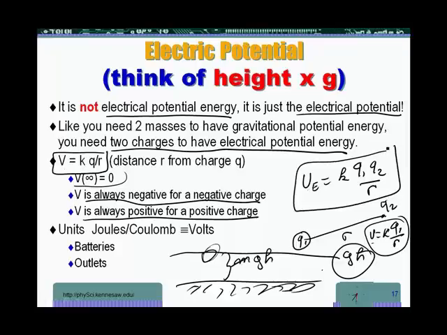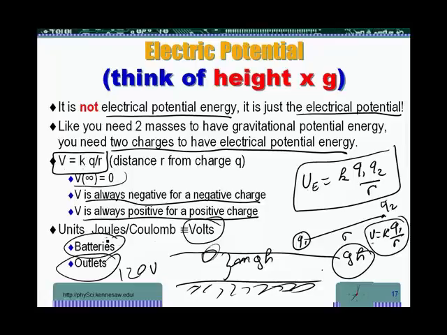The unit for electrical potential is joules, the unit for energy, divided by the unit of one charge, which is a coulomb. Joules divided by coulombs, we call that volts. That unit, you are familiar with it in terms of outlets. For example, we have 120 volt outlets or 220 volt outlets at our homes.